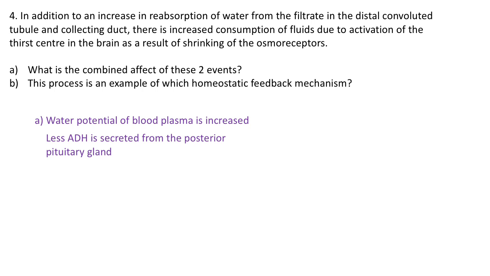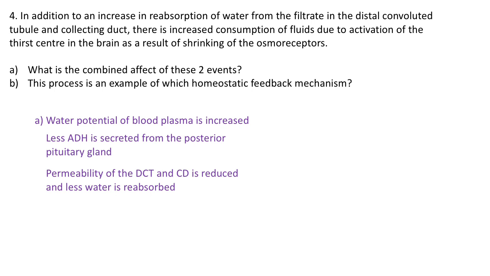You get less ADH secreted, less water reabsorbed because the permeability is reduced of the distal convoluted tubule and collecting duct, and then osmolarity of blood returns to optimum. And for part B, this is an example of negative feedback. And so finally, we'll move on to question 5.